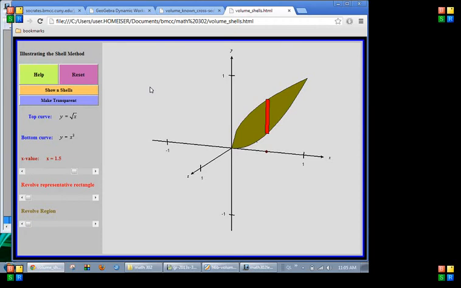You get a what? Cylinder. You get like the rim of a cylinder. Exactly. You get this.